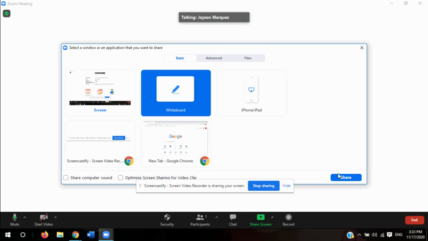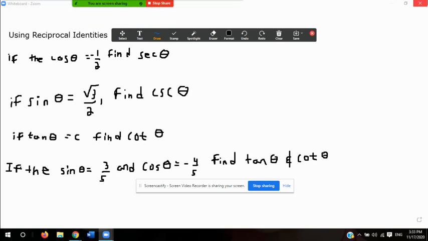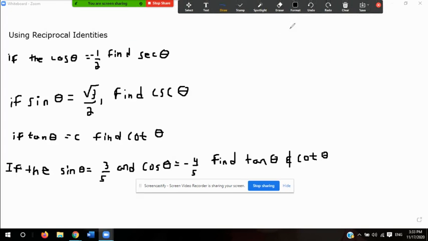Now, in class, we discussed some of the reciprocal identities that we've already worked with. For example, we know that the cosecant is the opposite of the sine, right?